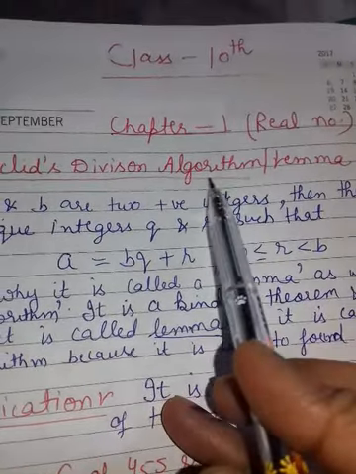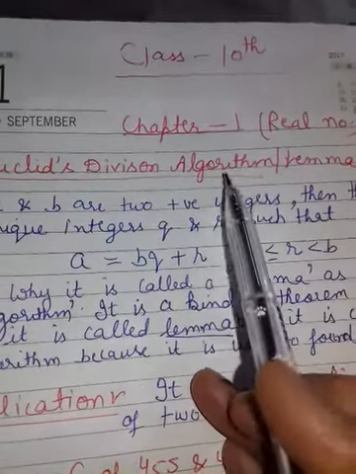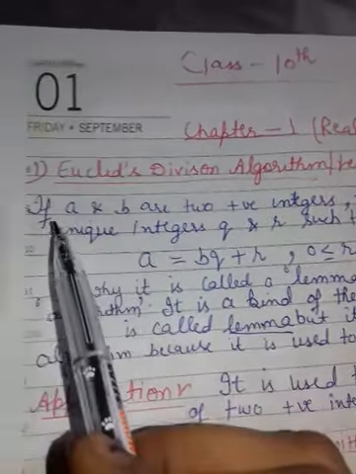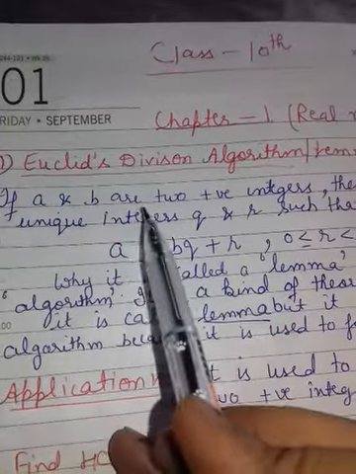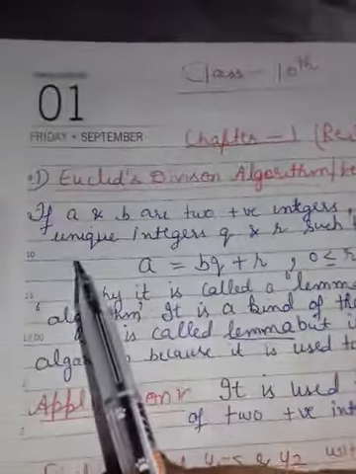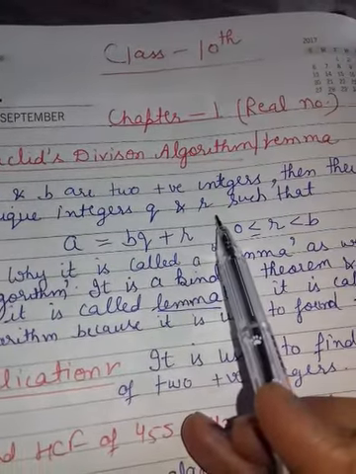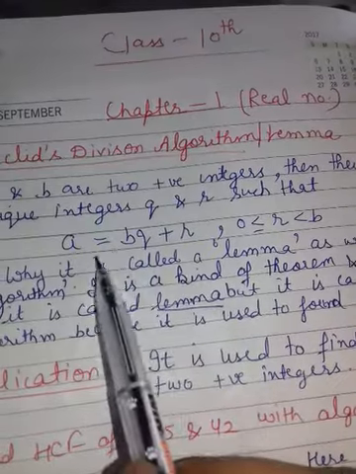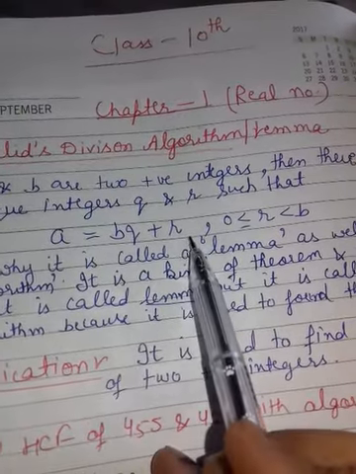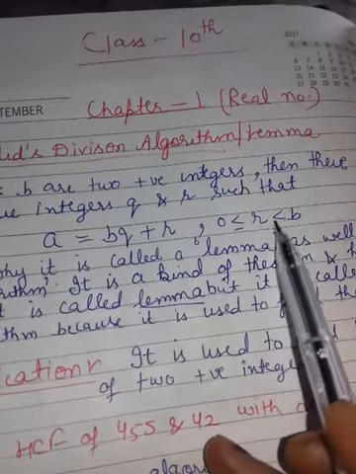Now you will see two words I have written. I will explain the difference between these two, algorithm and lemma. Yes, if a and b are two positive integers, then there exist unique integers q and r such that a is equal to bq plus r, where 0 is less than or equal to r, which is less than b.